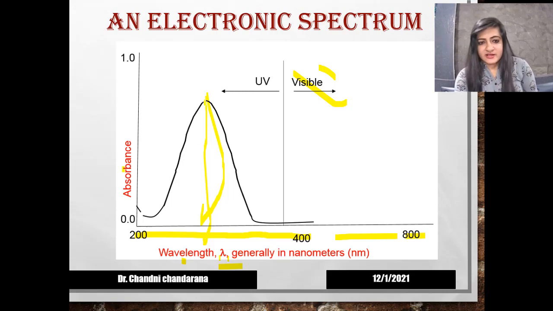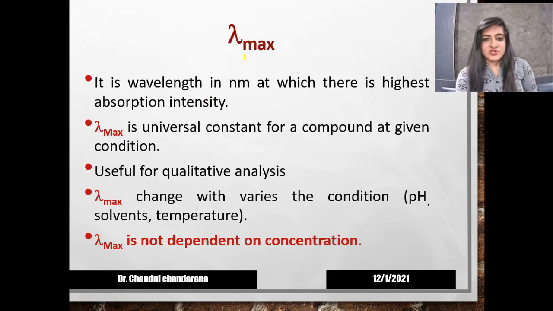See in this spectra, at this height it's the highest absorbance. Here it's not the highest nanometer, it's the highest absorbance. So it is known as absorption maxima, or you can say the lambda max.